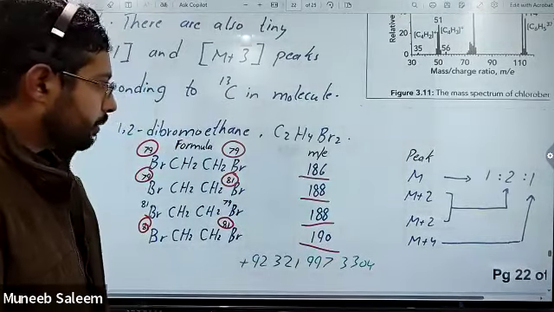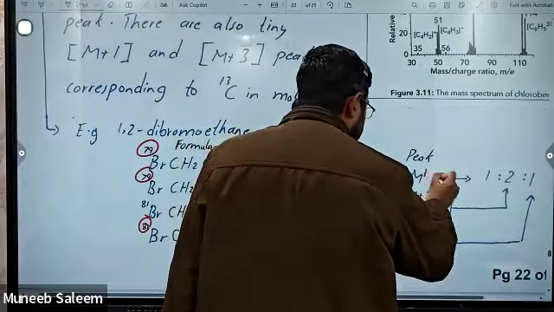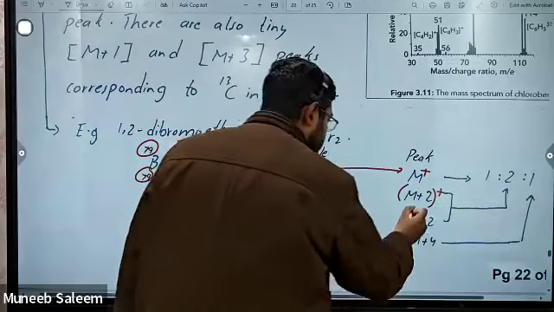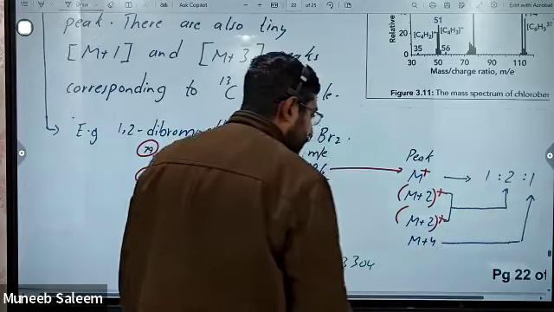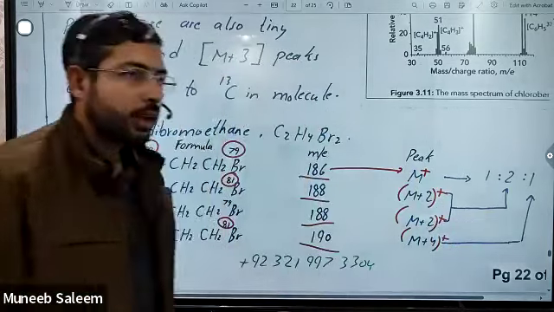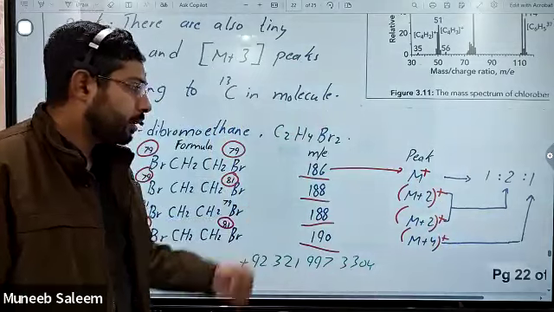Now, they are also represented in terms of the type of peak. This is the M plus peak, the molecular ion peak. This is the M+2 cation peak. And this is the M+4 cation peak. Now, this M+4 is produced when we have two bromine atoms.